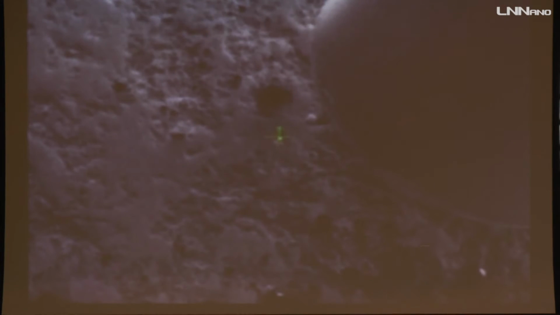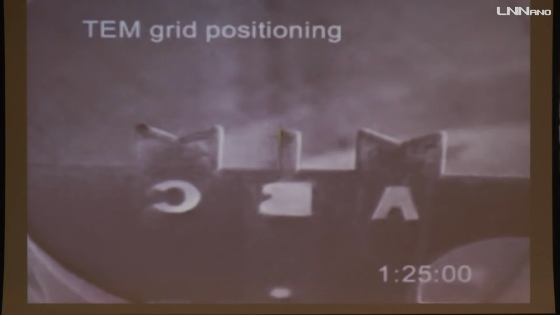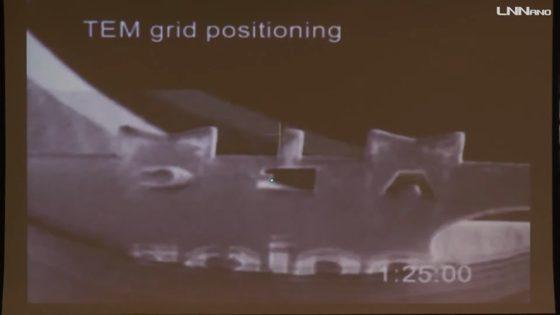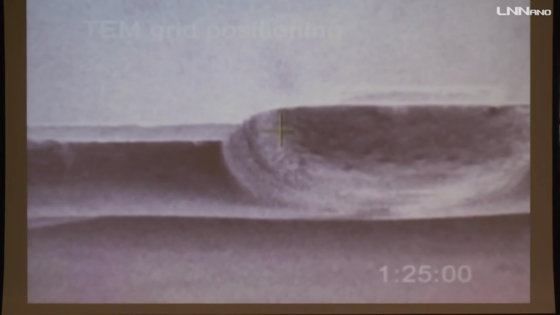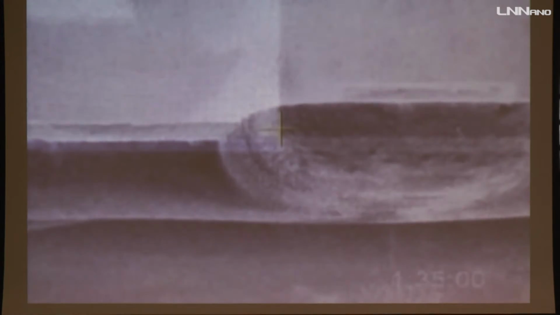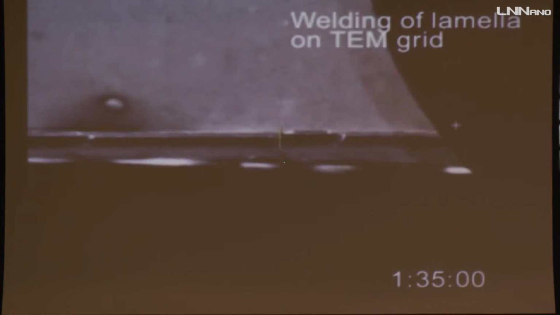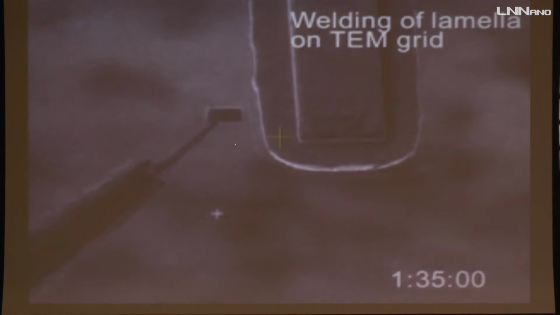Here's the time that the guy is using. Here you have the TEM grid. It's a little bit different from the conventional grids. It's a half shell. And then the guy comes with the manipulator again. Now he has the lamella in front.